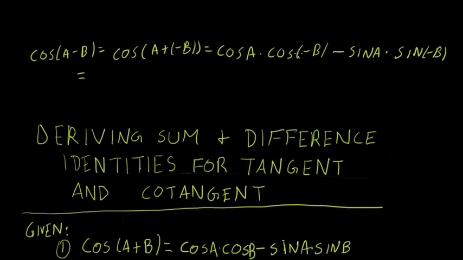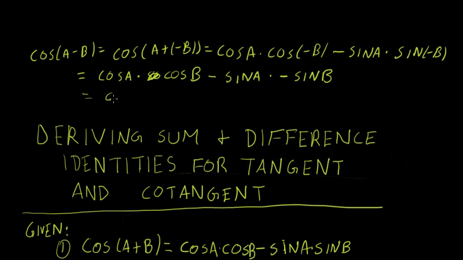Well, hopefully you remember from our odd and even identities that the cosine of negative B is the same thing as the cosine of B. So we'll just write down minus the sine of A, and the sine of negative B is the same thing as negative sine of B. So here two negatives make a positive.